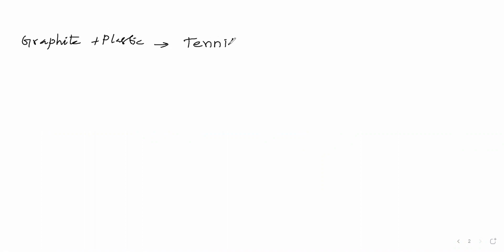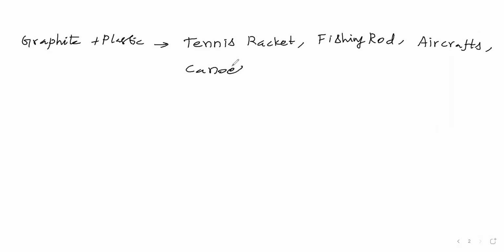What is manufactured means tennis rackets, fishing rods, then aircraft, and canoes.